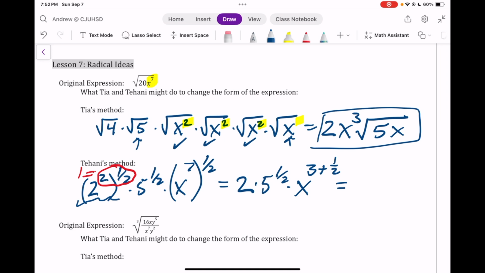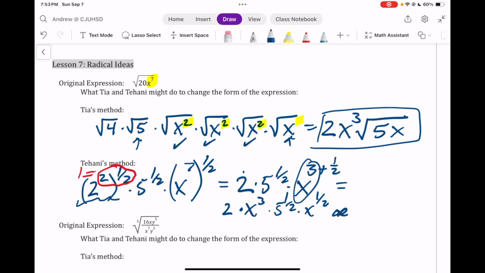Okay, so stay with me here. There's 2, there's x to the 3rd, and then an extra x to the 1/2. So there's 2 x to the 3rd, 5 to the 1/2, x to the 1/2.